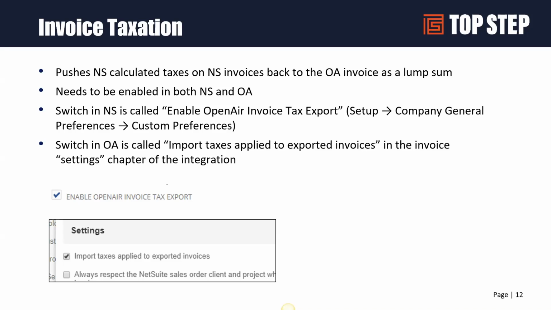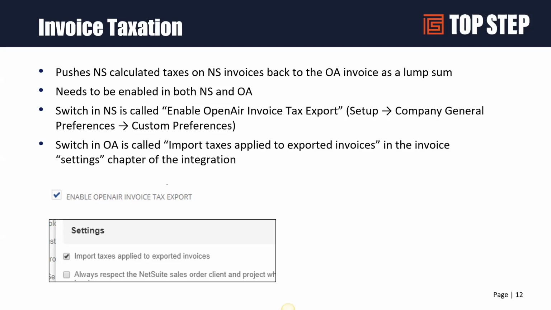What happens is the NetSuite tax engine is where the magic happens, whether you're using NetSuite's engine or a partner. It calculates the tax based on the combination of the service, the location, and the customer, and then decides whether a tax is due or not, and stamps the tax on the invoice.